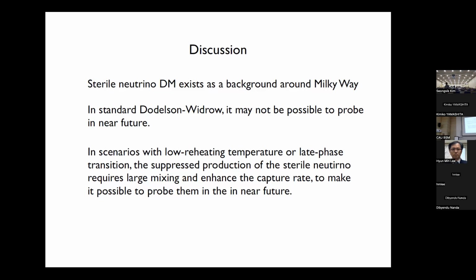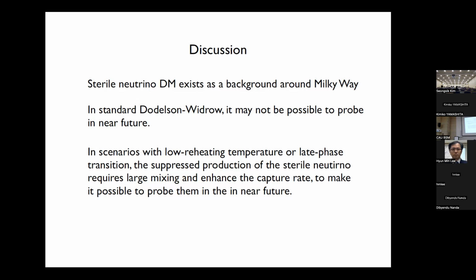But in a different scenario of the early universe, for example, low reheating temperature or a phase transition that happens very late, the relic density of sterile neutrino can be the same, but the production rate is suppressed, and the mixing can be enhanced. In that case, we can find a larger capture rate of sterile neutrino in the future, maybe very far future, but in the future, we can detect some 10 events per year.